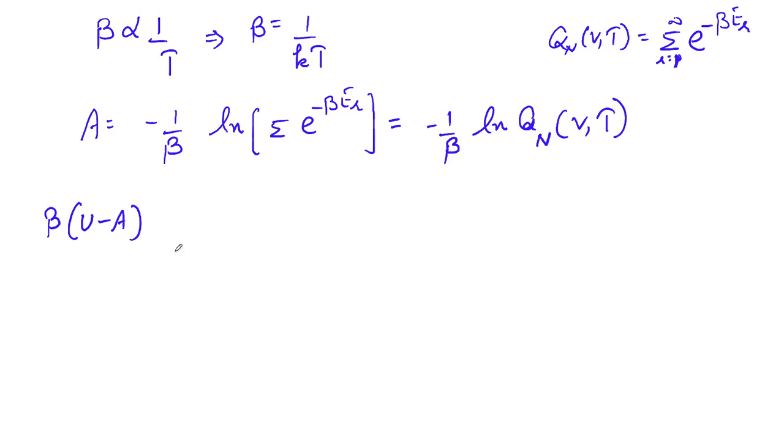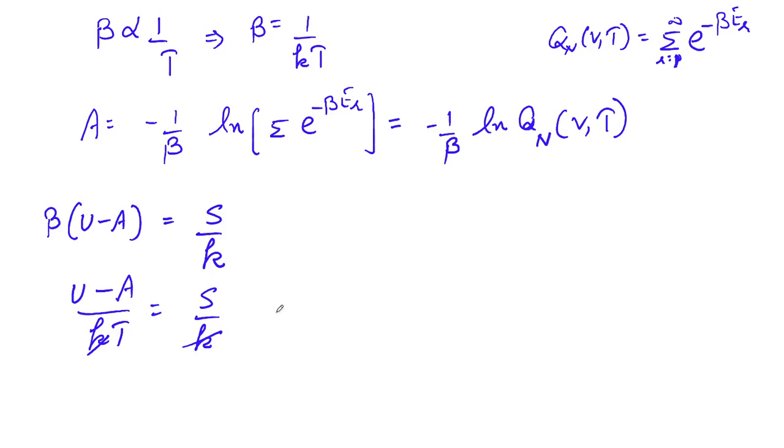And on the left hand side, the quantity β(U minus A) of equation number 6 is equivalent to the entropy of the system. We generally represent this as S over k, and putting the value of beta, (U minus A) over kT is equal to S over k.